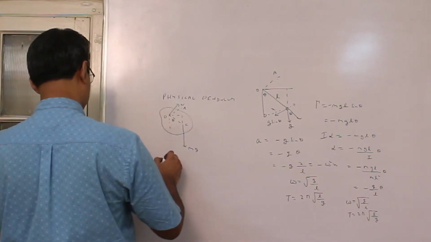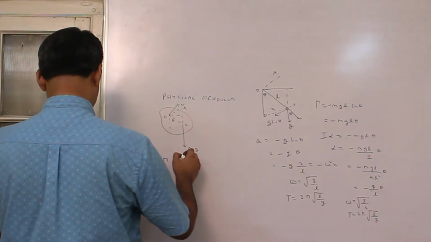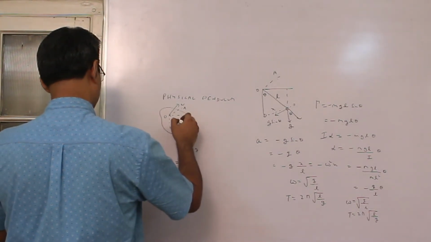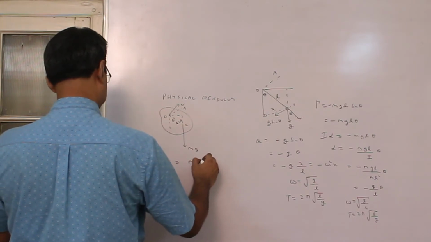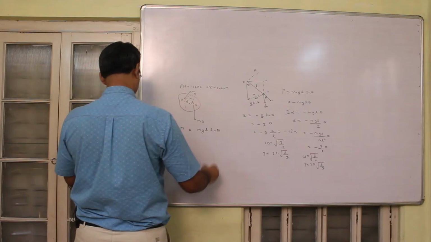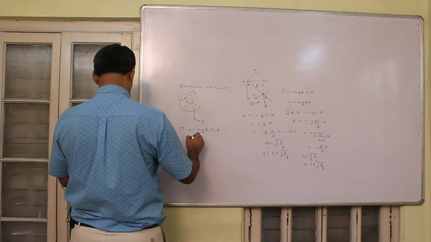Now, the torque of mg about OA is minus mg into L sin theta.